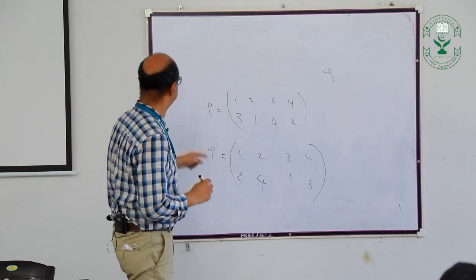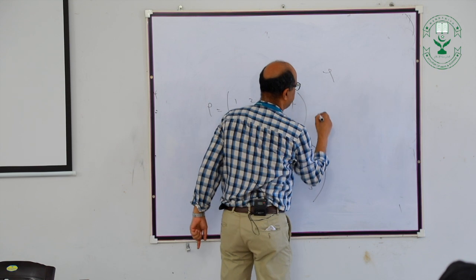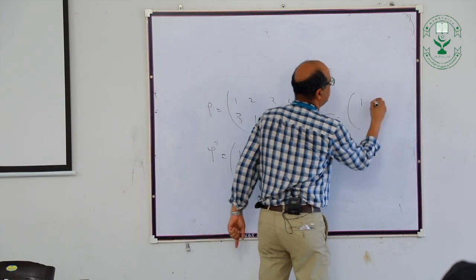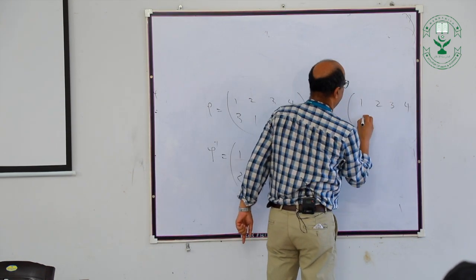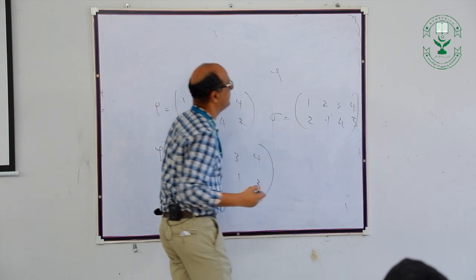So normally they will ask some questions on how to find the inverse. Sometimes they will give rho and ask questions. If there is a sigma like this, 1, 2, 3, 4, then 2, 5, 1, 4, 3. So I define it like this.